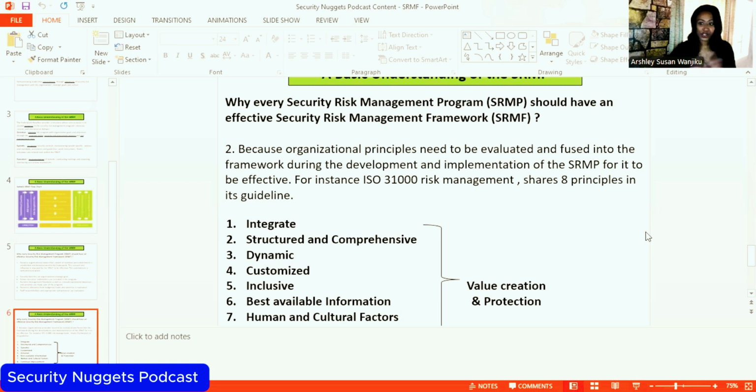Therefore, by having a security risk management framework, we have a structure where we can fuse in all these principles so that the security risk management program we are formulating can be an effective one. That's the end of the presentation, and I hope that you now have an idea of what is to be constituted in a security risk management framework.